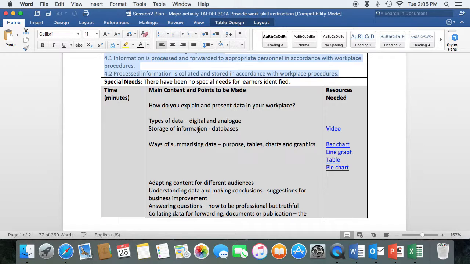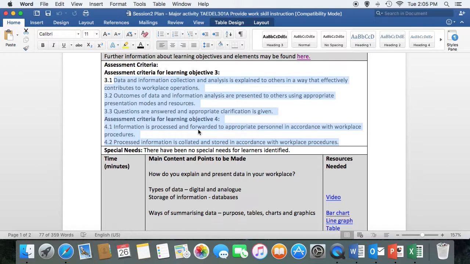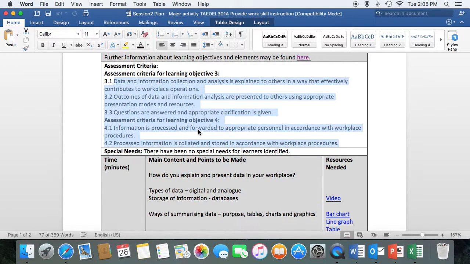Okay, so probably the first question I'm going to put to you, if you can talk in my ear, if you can throw these answers back to me, is how do you explain and present data in your workplace? Now, I understand that a lot of you are in the process of getting jobs, you've just finished study. Think about either what you've done during your studies at university or TAFE, or your previous studies.